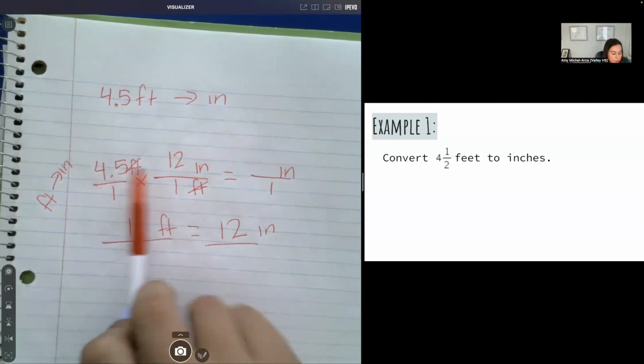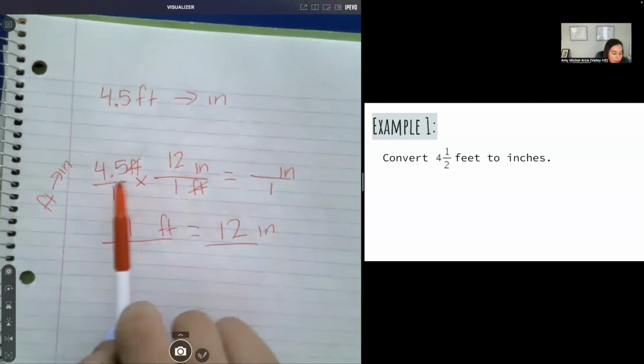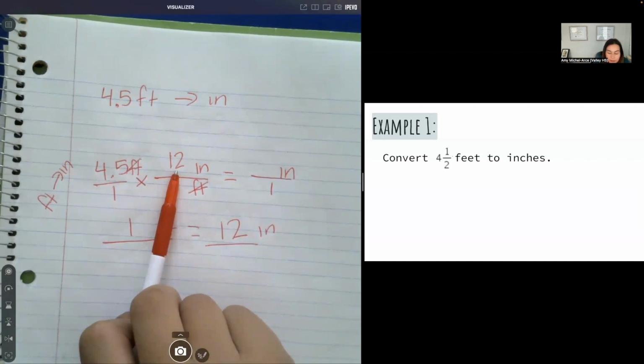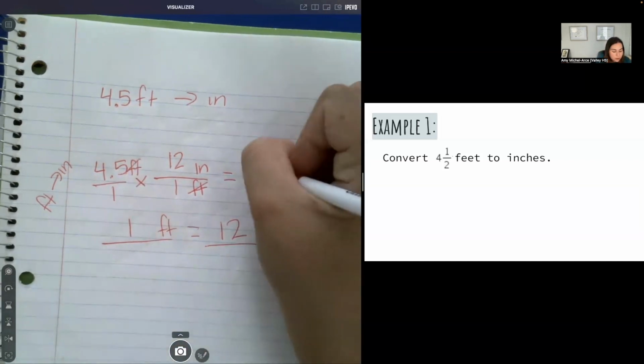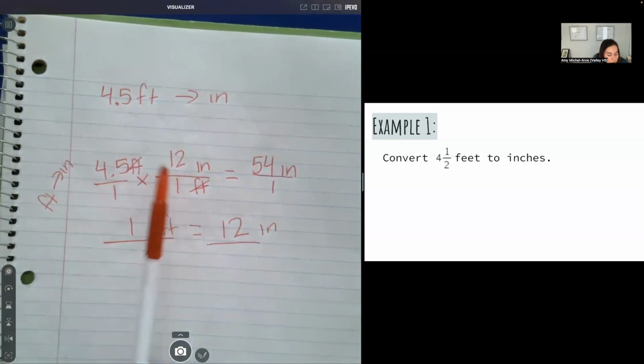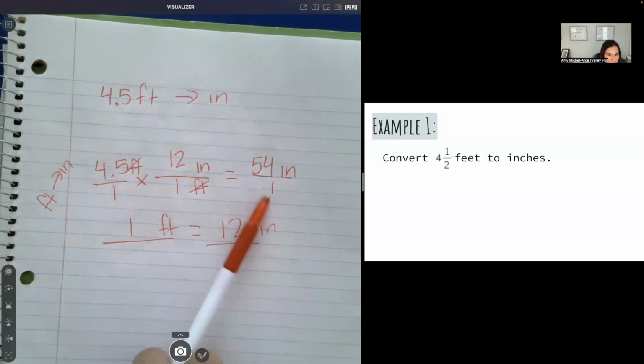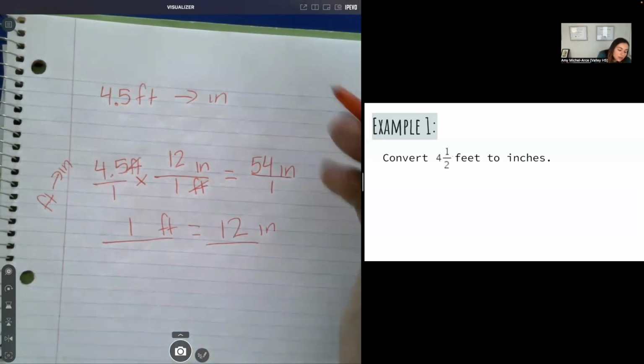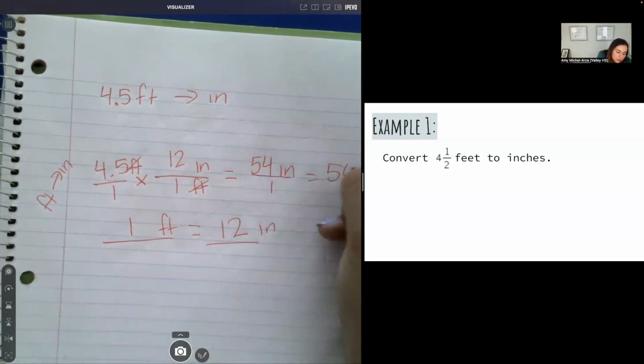And then you can do 0.5 of 12, half of 12 is 6. So if you add those together, you get 54. If that did not make sense, you could always plug in 4.5 times 12 into the calculator and confirm that it is 54. So we have 54 inches as our answer.